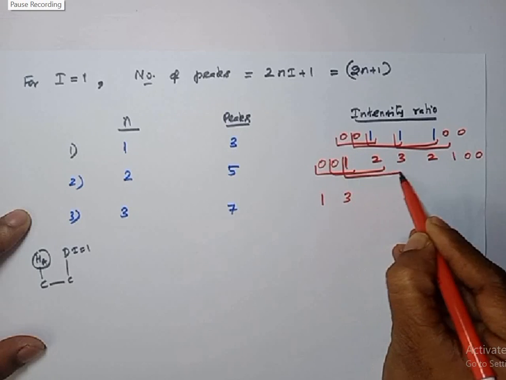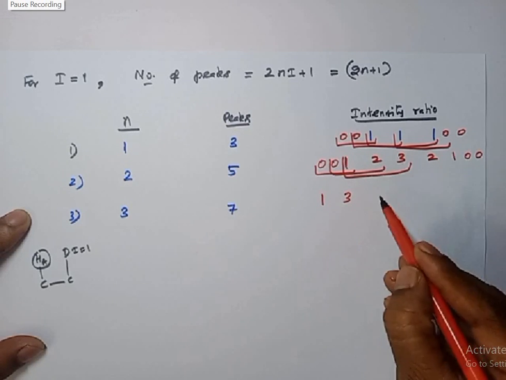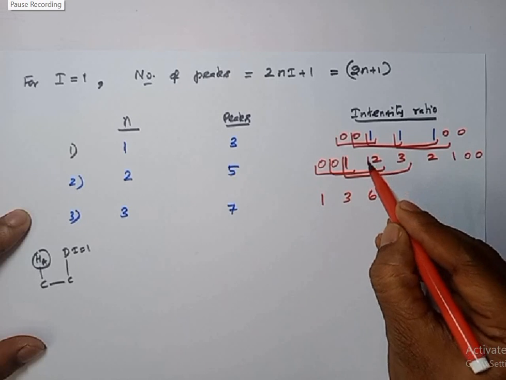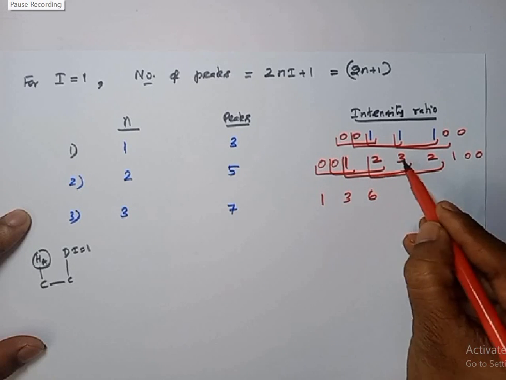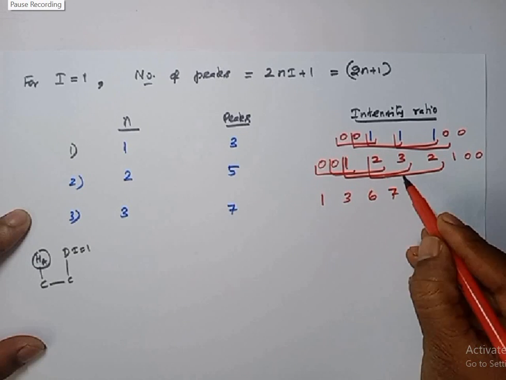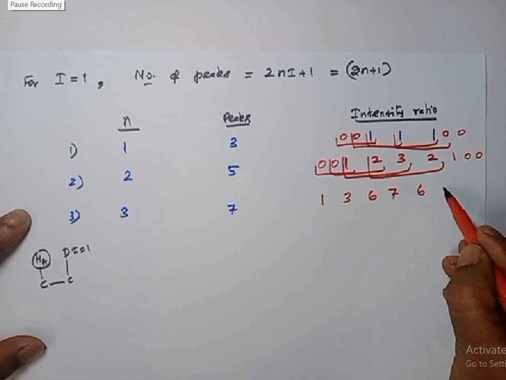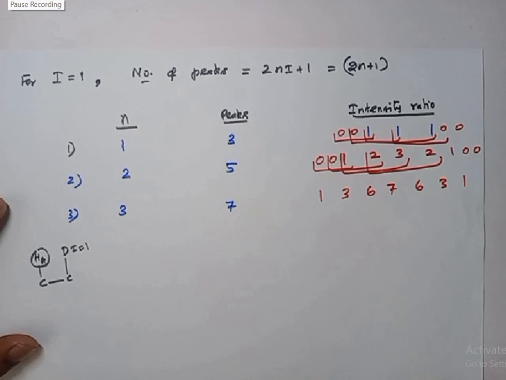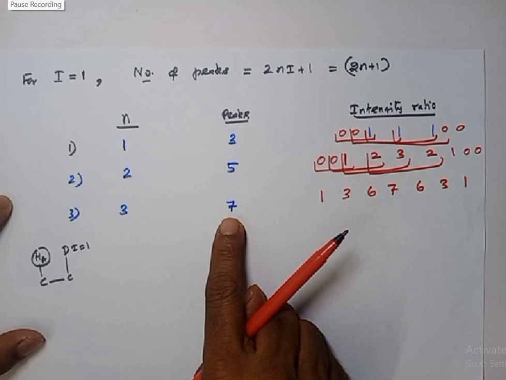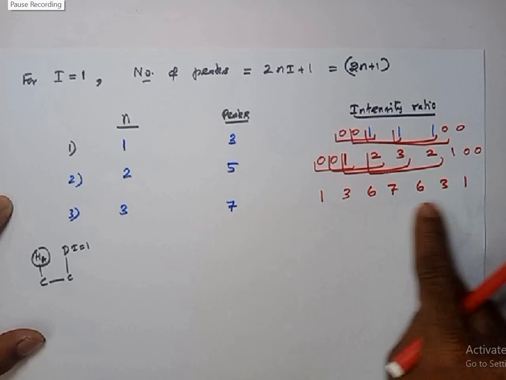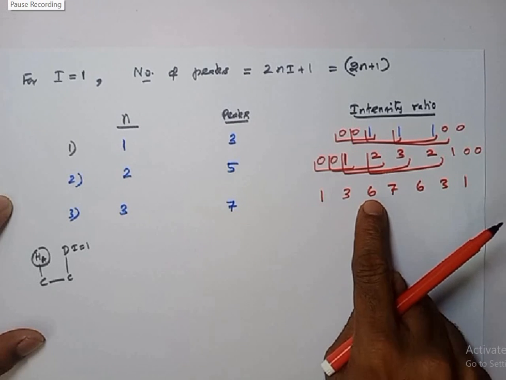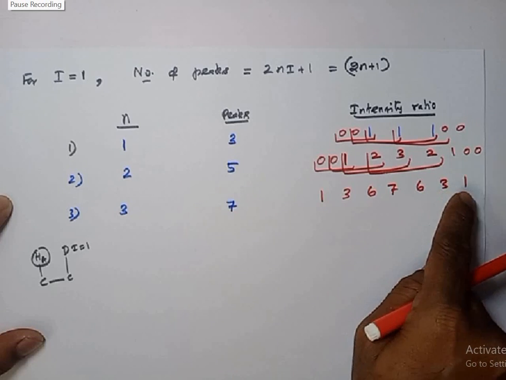Next 3 numbers, 1 plus 2 plus 1, it is 6. Next 3 numbers, 2 plus 1 plus 0, that is 7. Then we get 6, then we get 3, then we get 1. So the intensity ratio for the 7 peaks is 1 is to 3 is to 6 is to 7 is to 6 is to 3 is to 1.